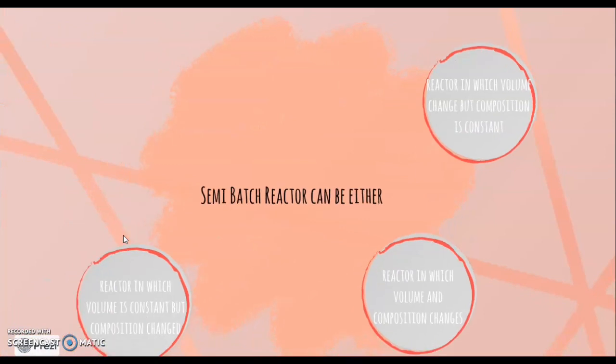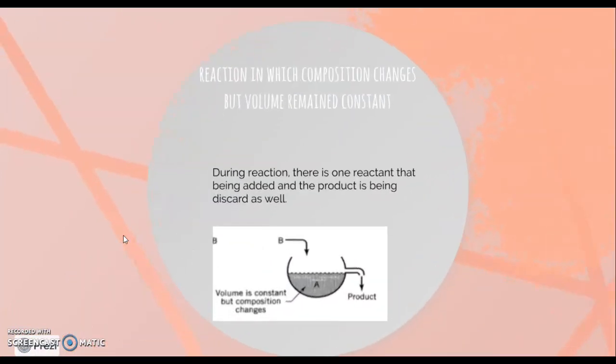Okay, next, the last situation is reaction in which composition changes but volume remains constant. As we can see here, there is a bit of difference about the tank here. We have this part where we can discard the product.